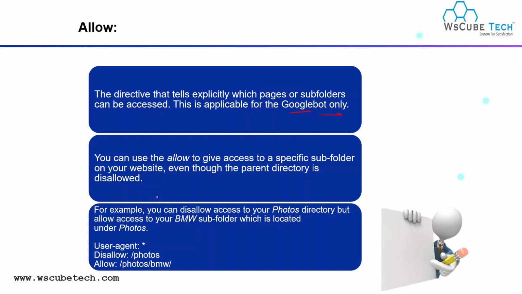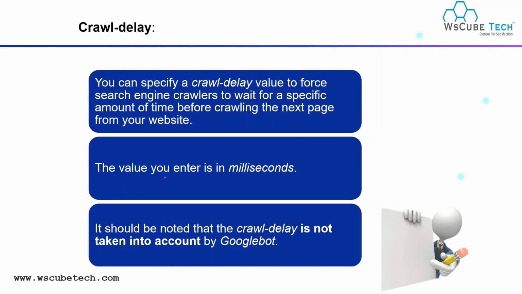For example, you can disallow access to your photos directory but allow access to your BMW subfolder which is located under photos. This is just an example here. Here you can see that user agent asterisk means for all crawlers, you can disallow this particular photos folder and you can allow one particular photo with the help of the allow keyword.